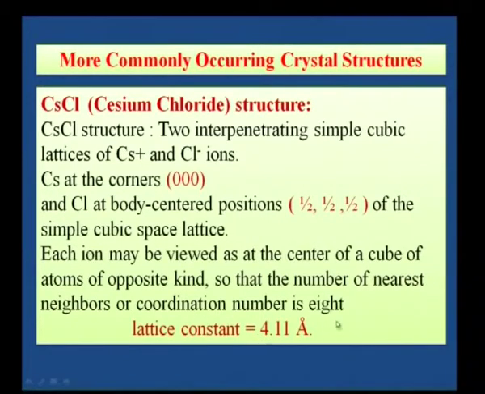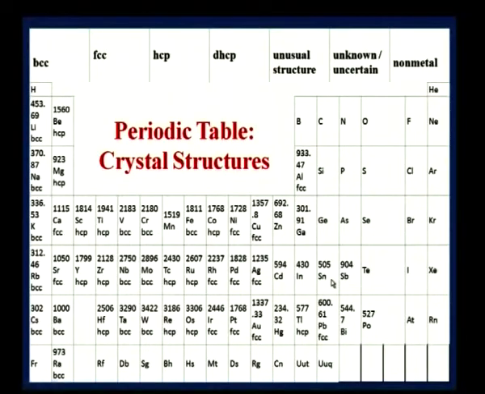Now, let us go through the interesting periodic table. What is the interest behind the periodic table? It gives all the elements. Here the important point is you have the crystal structures of the various elements. Look at the first group, second group, third and fourth group.